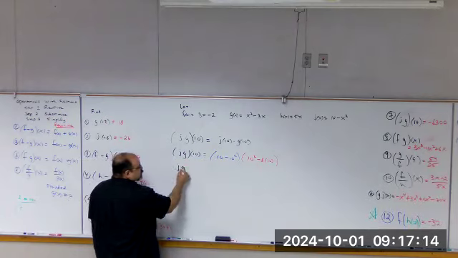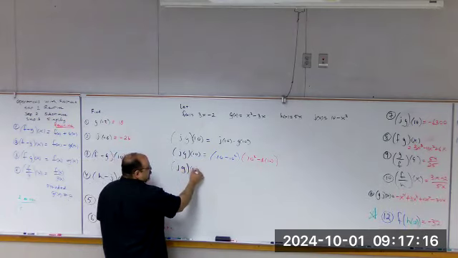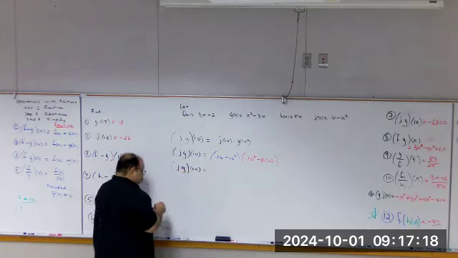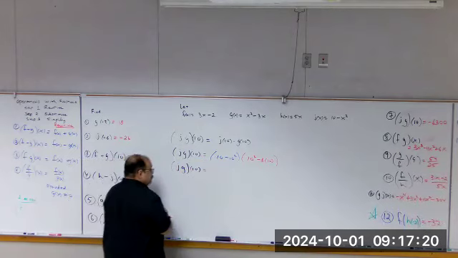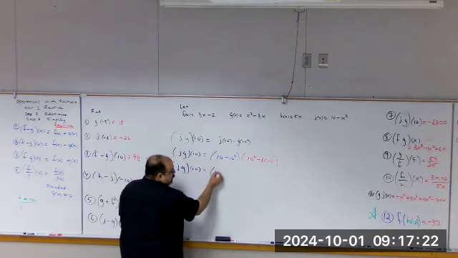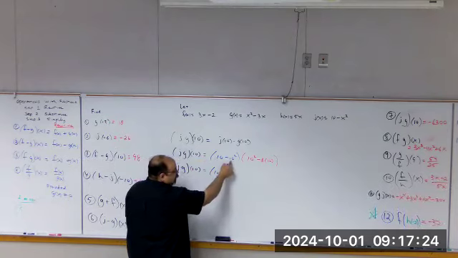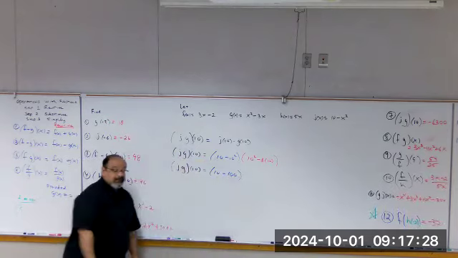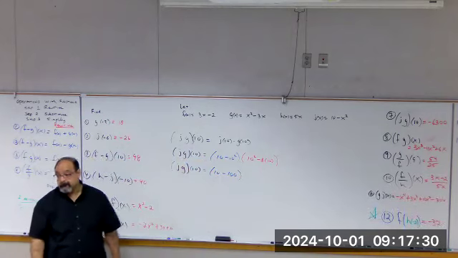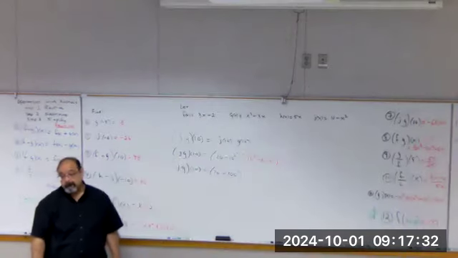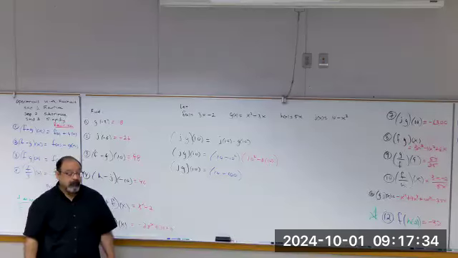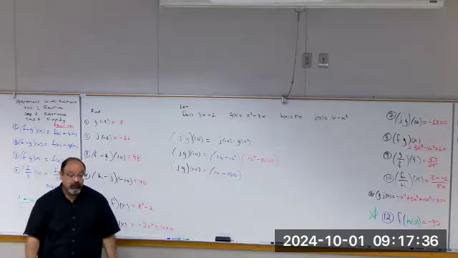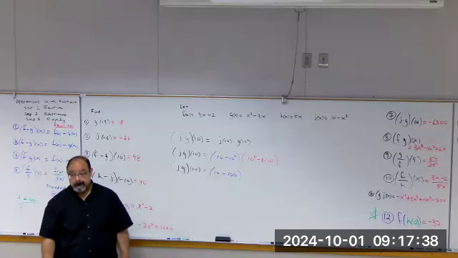So J times G of 10 is equal to, in the parentheses, this is 10 minus 10 squared, which is 100. Now you see why it's not a positive. Everybody okay with the fact that it's 10 minus 100, not plus?